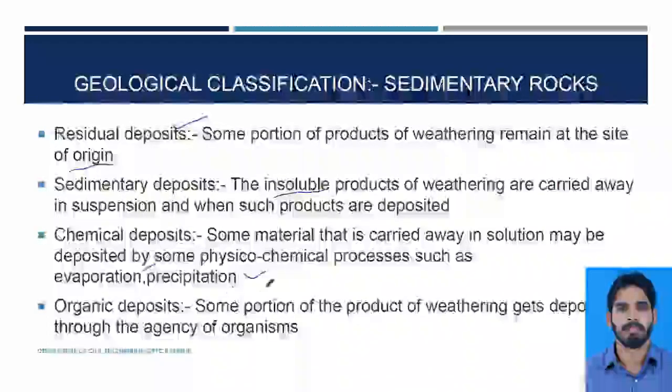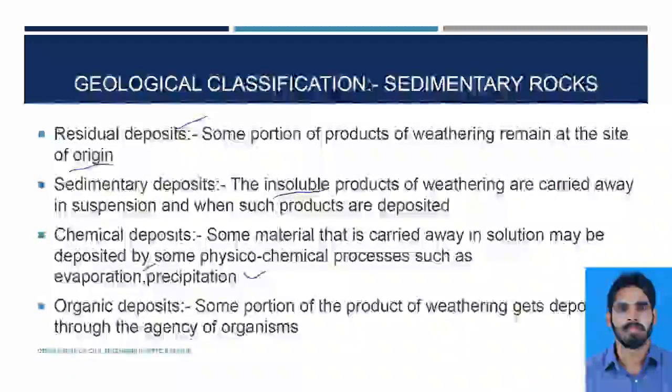That can be frost, wind, or water. If something evaporates, it is deposited in some other place or exists in some other rocks. So evaporation, and it precipitates like rain, or it may become snow.